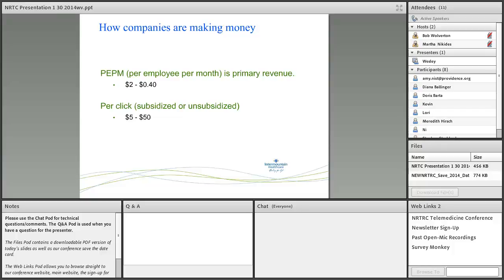They're getting a lot of activity on the per click, but then there are times, like in the summer, when the per click is really low. So the per employee per month really helps you in your business modeling to cover your costs and keep operations going while the seasonality comes and goes.